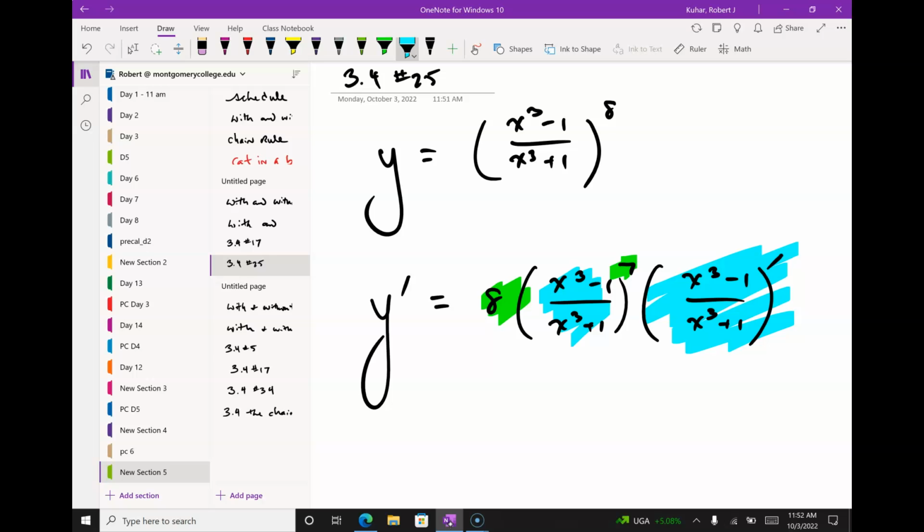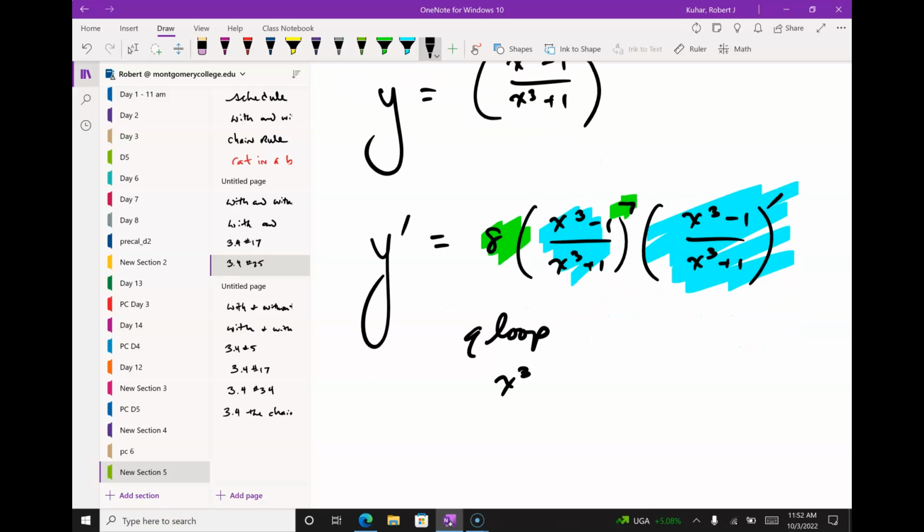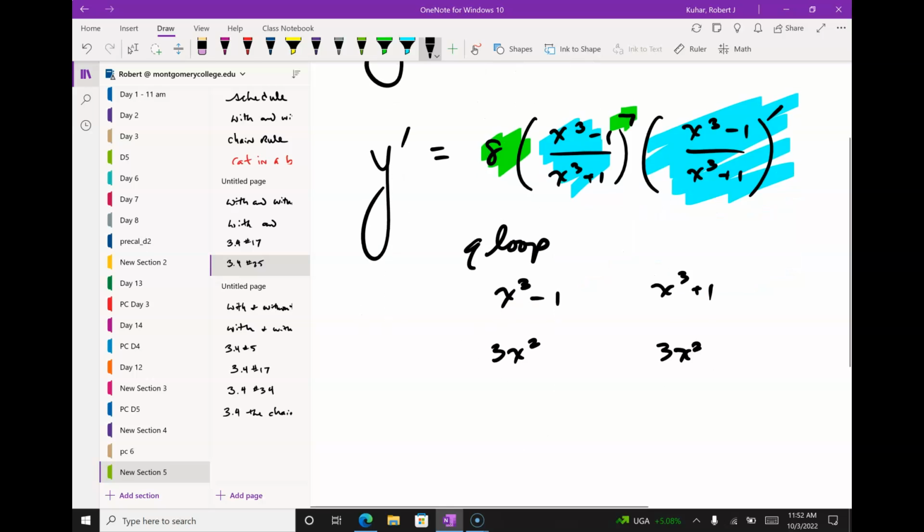So now I'm going to work on my quotient rule. I've got x cubed minus 1, and the derivative is 3x squared. Then I've got x cubed plus 1, derivative is 3x squared. And then I have to make sure I get x cubed plus 1 downstairs, squared.